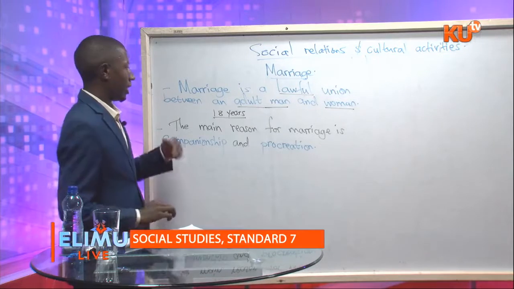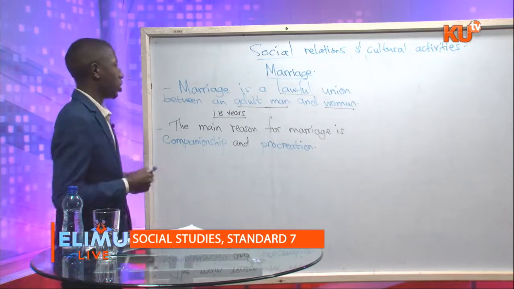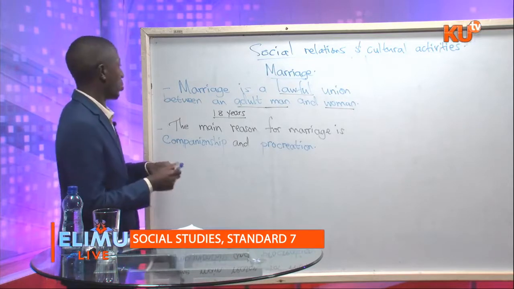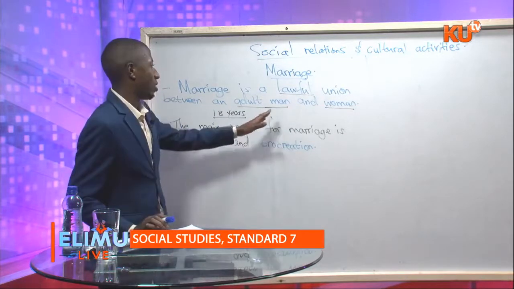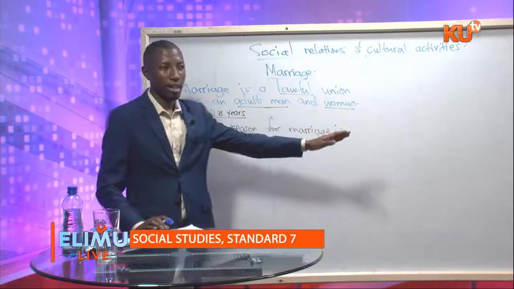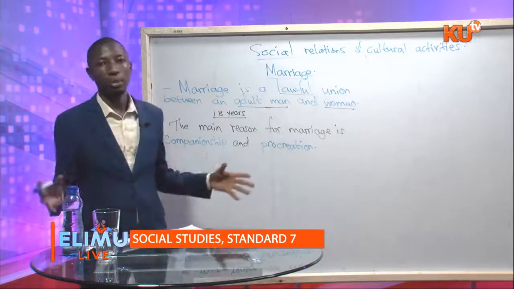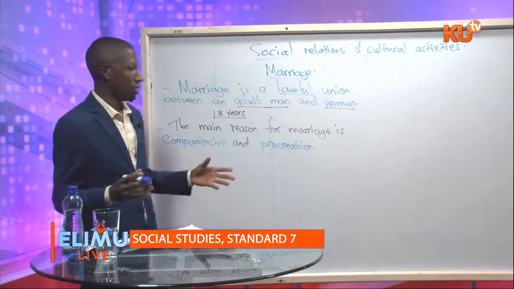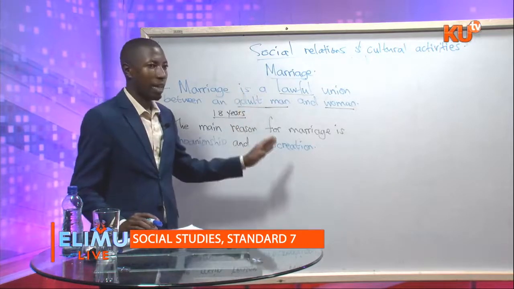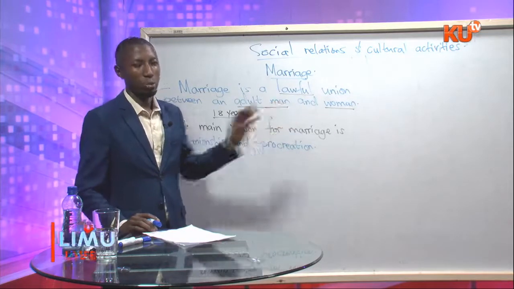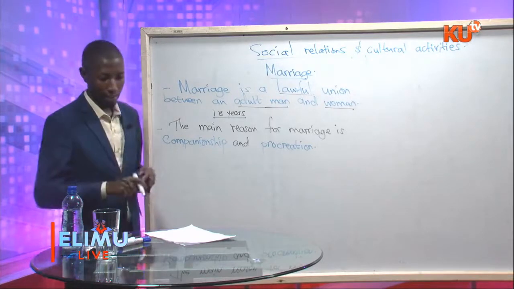Another thing that I needed to emphasize: lawful marriage that is recognized in Kenya is only between a man and a woman. The same gender cannot marry, and that is not marriage. Marriage is strictly between an adult man and an adult woman. Anything else is not considered marriage, at least in Kenya.